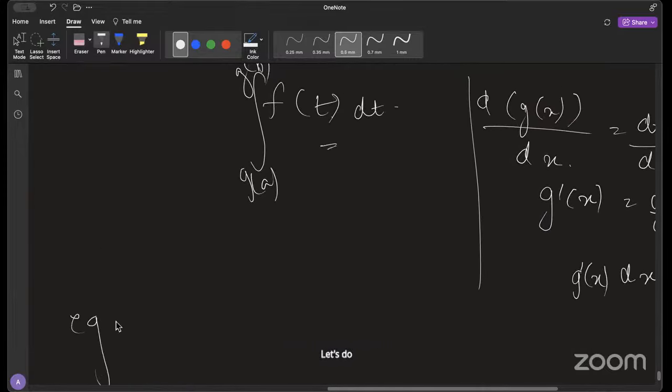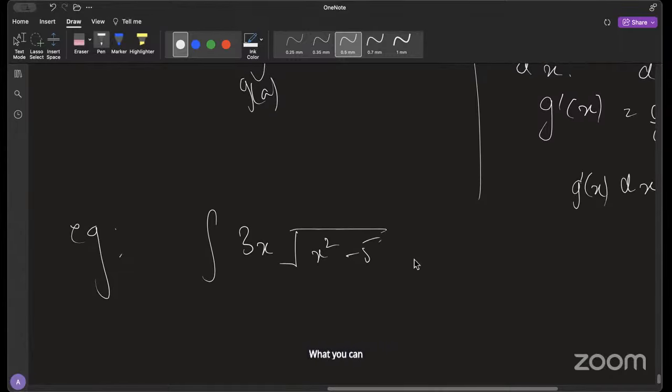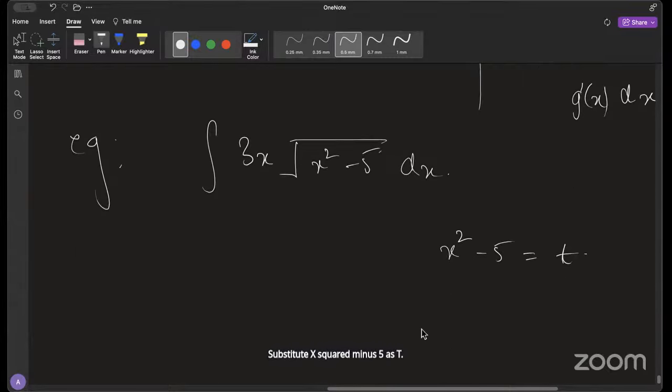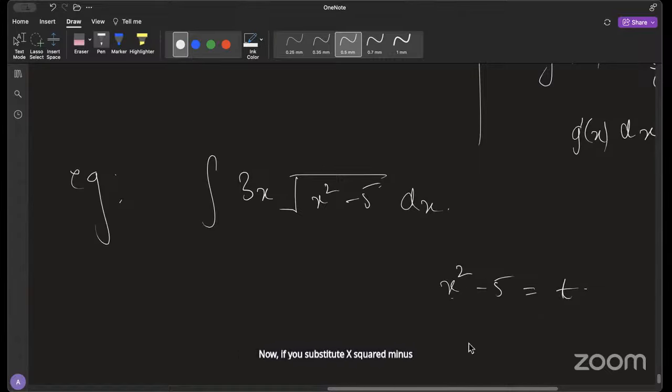Let's do one example. Let's say you have the integral of 3x times the square root of x squared minus 5 dx. What you can do is substitute x squared minus 5 as t. Now if you substitute x squared minus 5 as t, the derivative of this with respect to x, 2x, will be dt by dx.